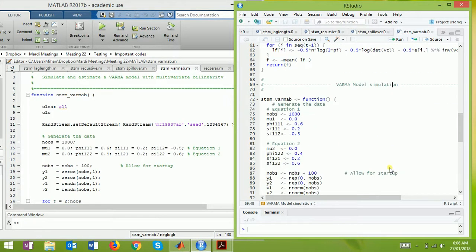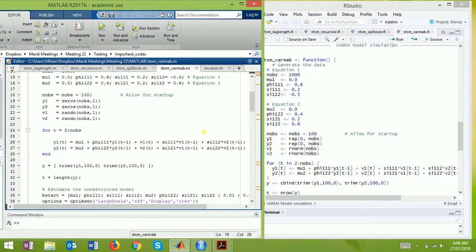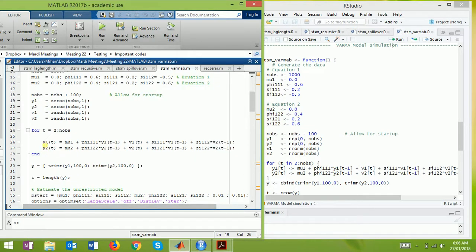We use the same initializations, then just like before, we randomly generate residuals first, and then we use those randomly generated residuals to randomly generate our y's, dependent variables, for the number of observations.